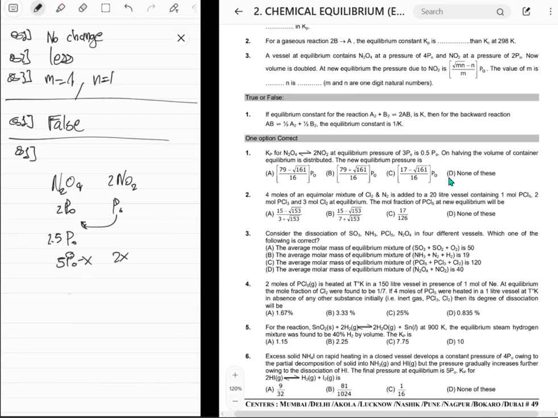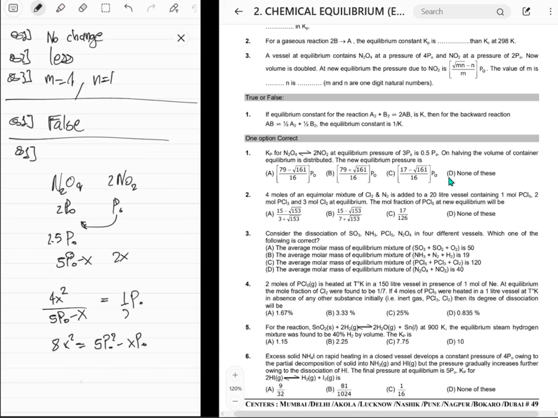So 2x squared, that's like 4x squared, upon this guy's pressure, which is 5 p naught minus x, and that is equal to your Kp, which is 1 by 2 p naught. So 8x squared is 5 p naught squared minus x p naught. It's the same thing. So minus p. Oh yeah.